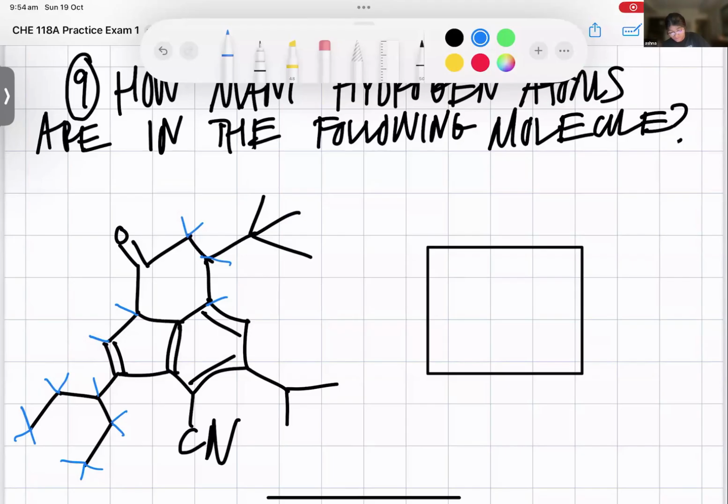Wait, why? Oh, because of the double bond. Wait, so we're down to 16? 17, 18, 19, 20, 22, 23, 30, 31, 32. Okay. There's one more sneaky one hiding from you somewhere in the ring.